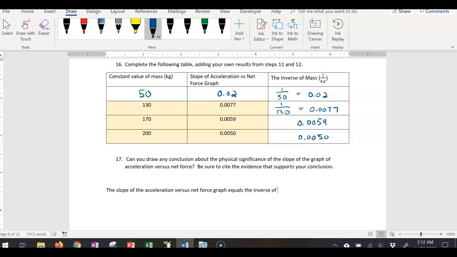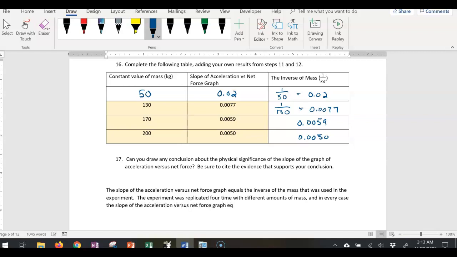It equals the inverse of the mass that was used in the experiment. The experiment was replicated 4 times with different amounts of mass, and in every case the slope of the acceleration versus net force graph equaled the inverse of the mass.